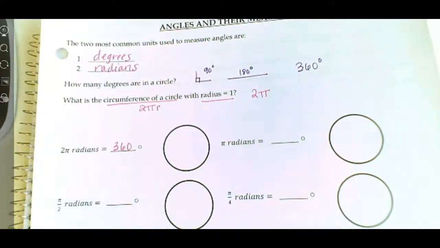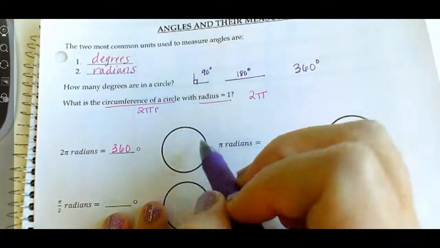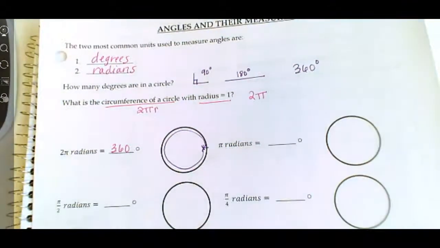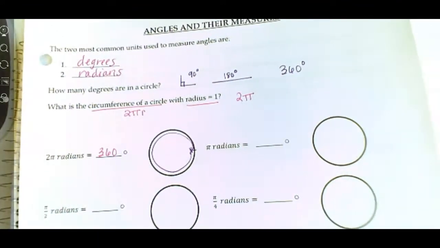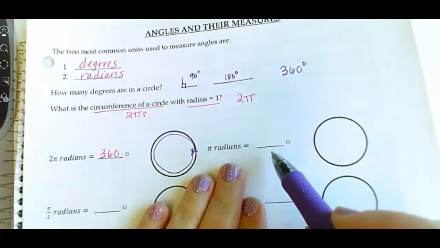Now, whenever we draw a degrees, you always start over on this side and you go all the way around. So 360 goes all the way around the circle. Okay? And I just said that that was 2 pi. Okay? Well, let's talk about pi.